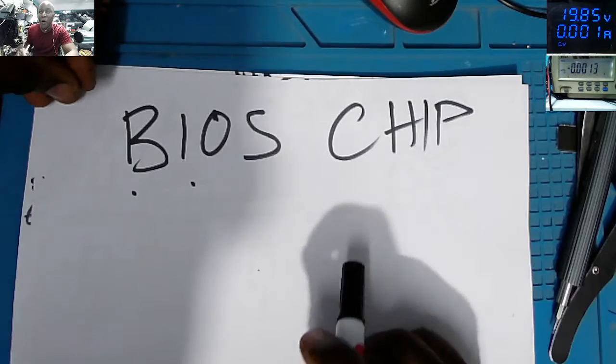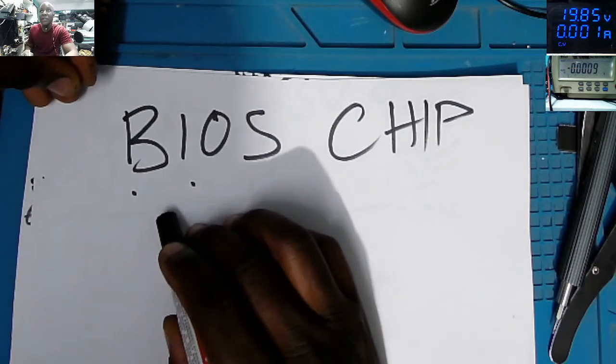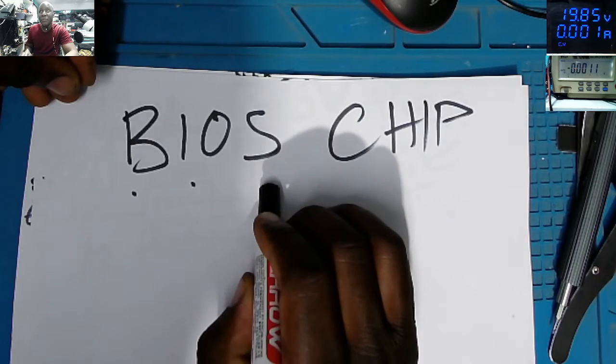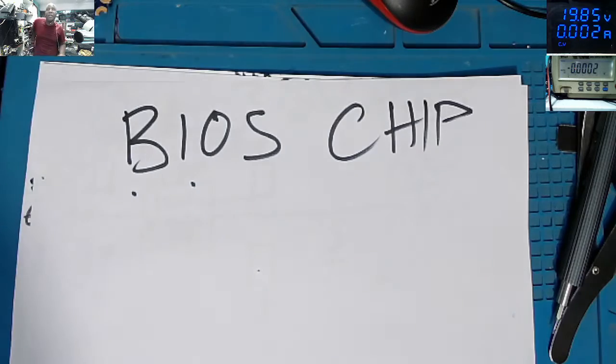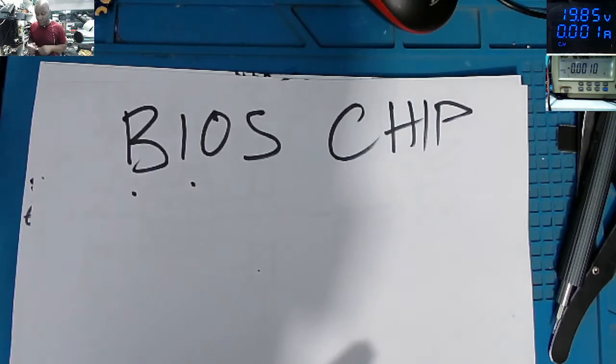When you press the power on button, the BIOS settings are obtained from the BIOS chip, because this BIOS chip is communicating with the EC chip on how to run the program when you press the power on button.